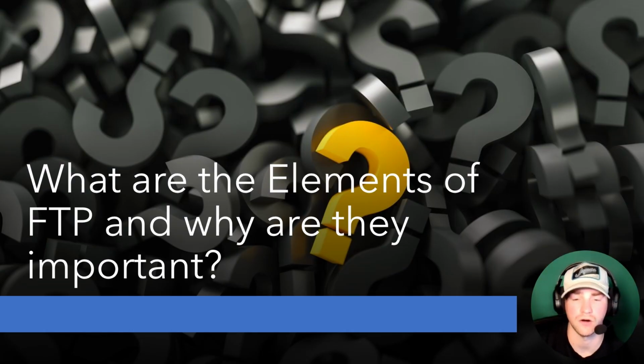So what are the elements of FTP and why are they important? Now, FTP falls into the 7th layer of the OSI model, the application layer. Since its function is to facilitate the transfer of files between a server and a client over a computer network, that is part of the reason which makes it so important to the overall systemness of the internet.